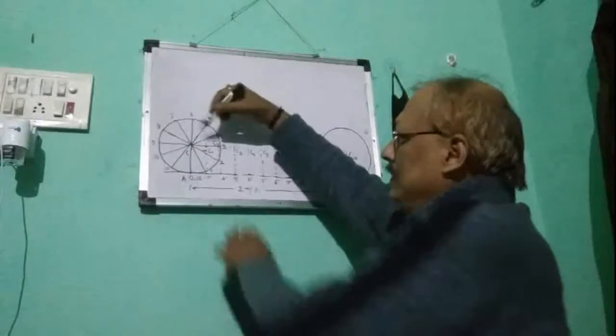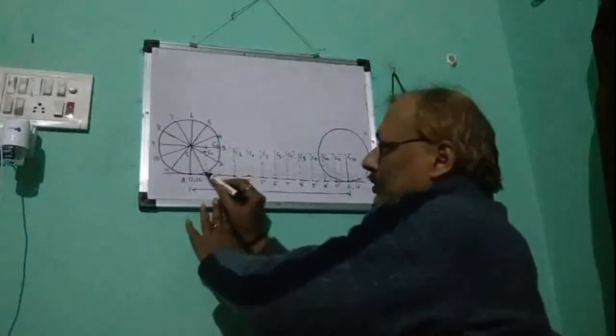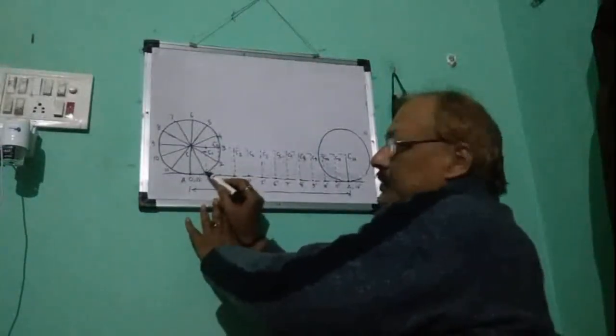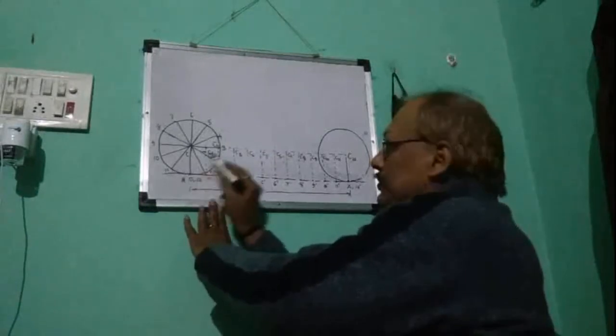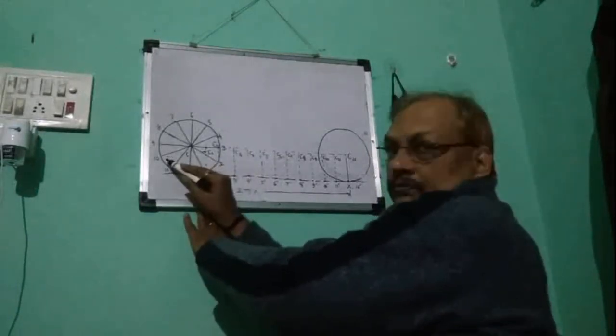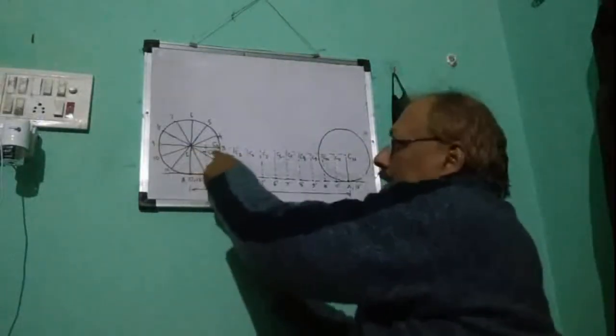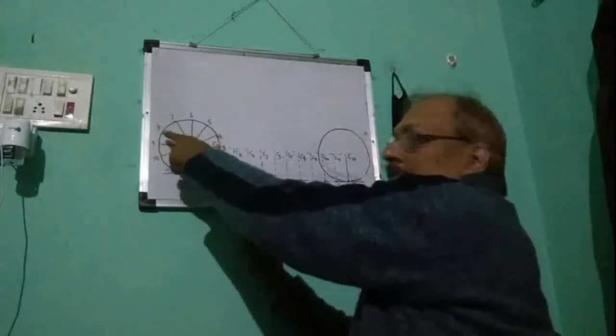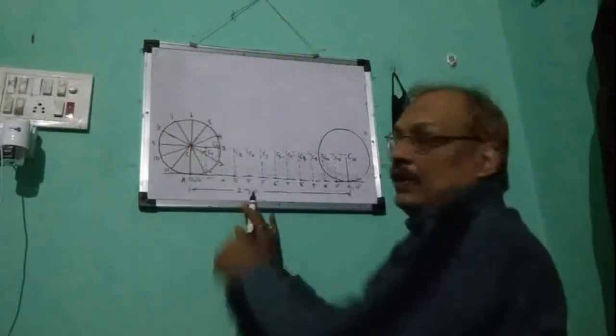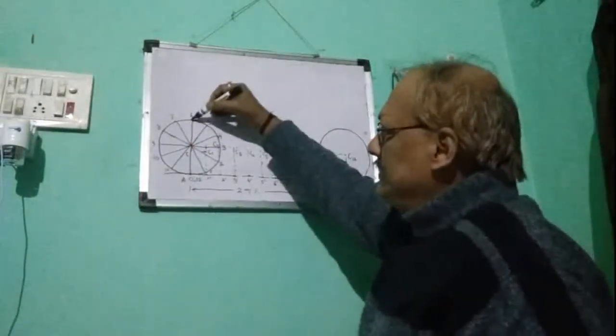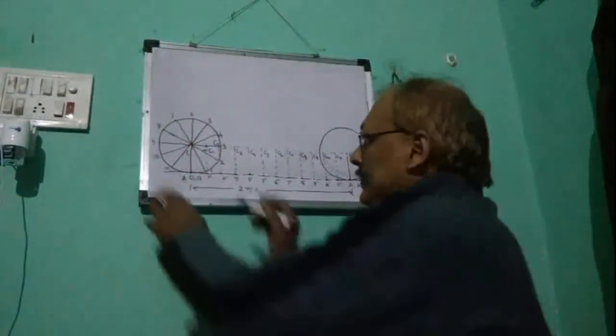Look, the horizontal from 1 will pass through 11 also. 2 and 10 both will be on the same line. Similarly, 3 and 9 are on the same line, 4 and 8 on the same horizon, 5 and 7 on the same horizon, and 6 separately.